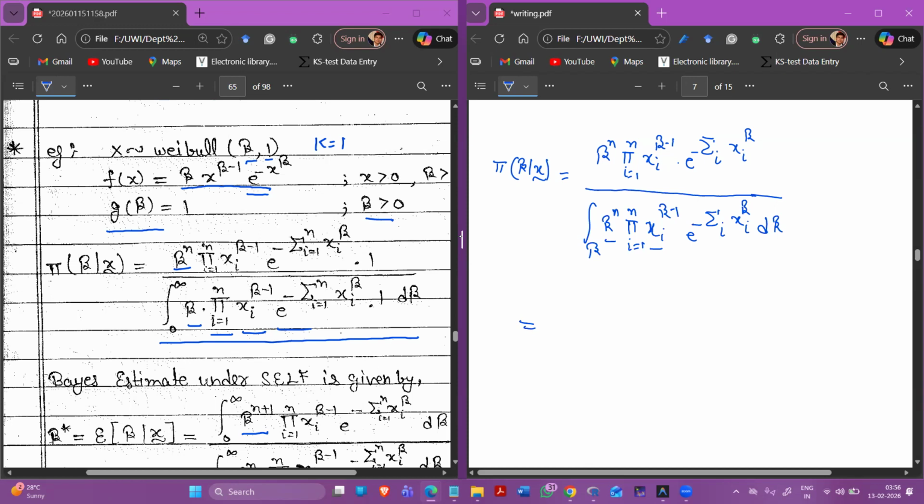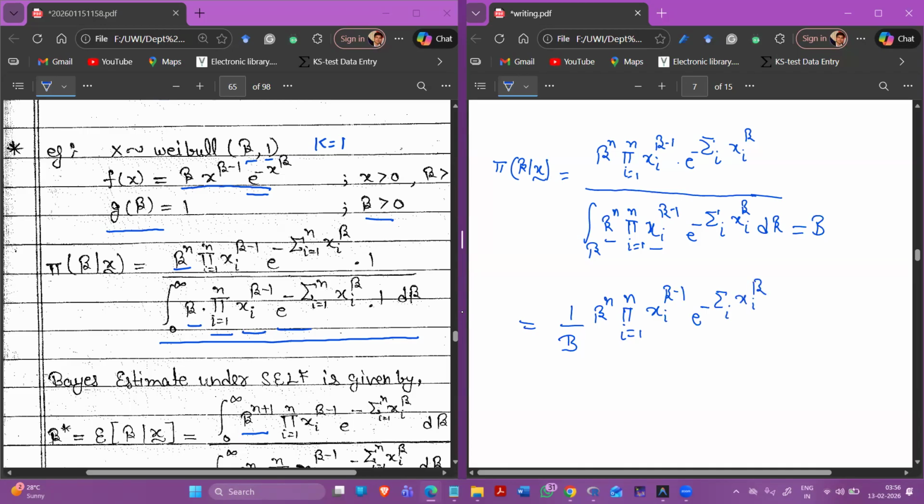All right, so I can write it as 1 upon b. This is your b equals b. So now it is beta raised to the power n, product of i goes from 1 to n, xi raised to the power beta minus 1, into e raised to the power minus summation over i of xi raised to the power beta.